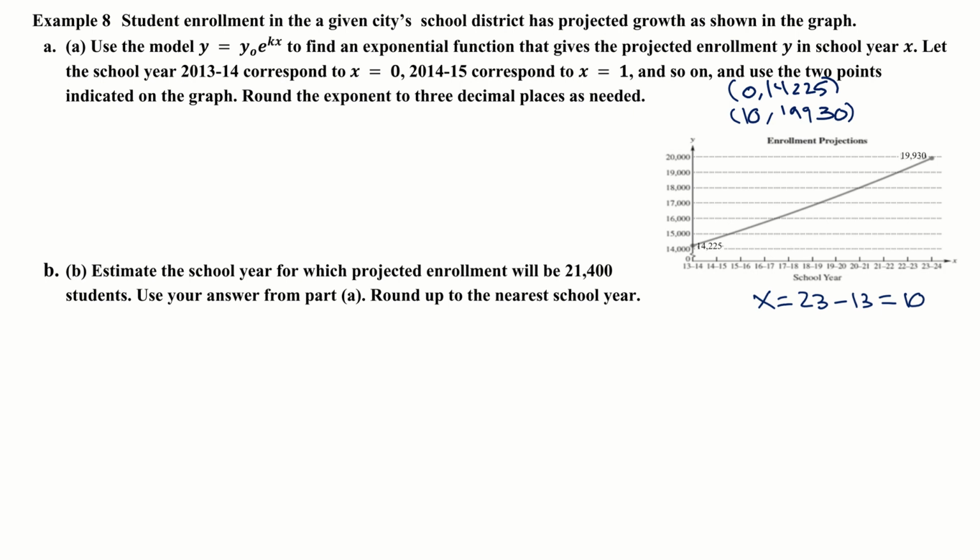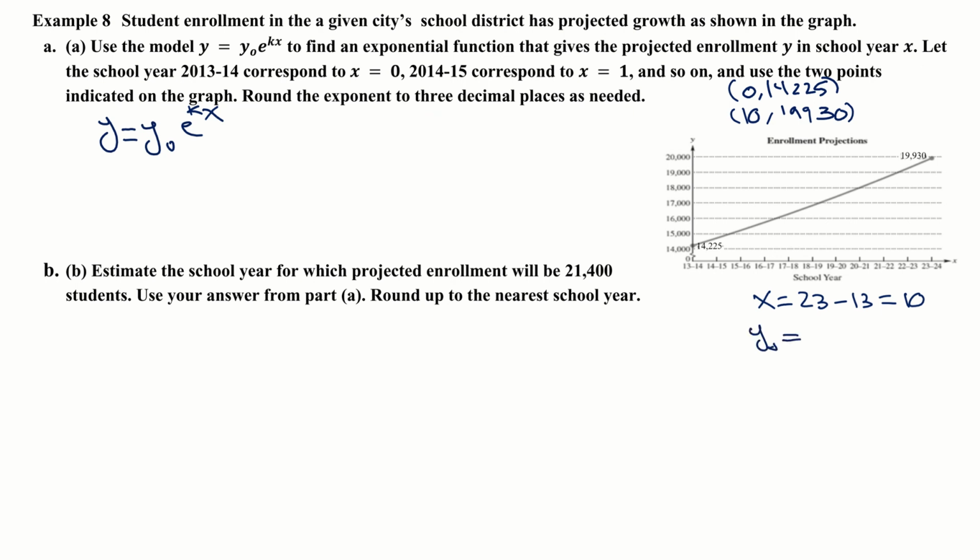All right, so our general function is y equals y0 e to the kx, right? We notice y0, the initial number at the time we started looking at this data, was 14,225, so that's y0. Let me write it down here.